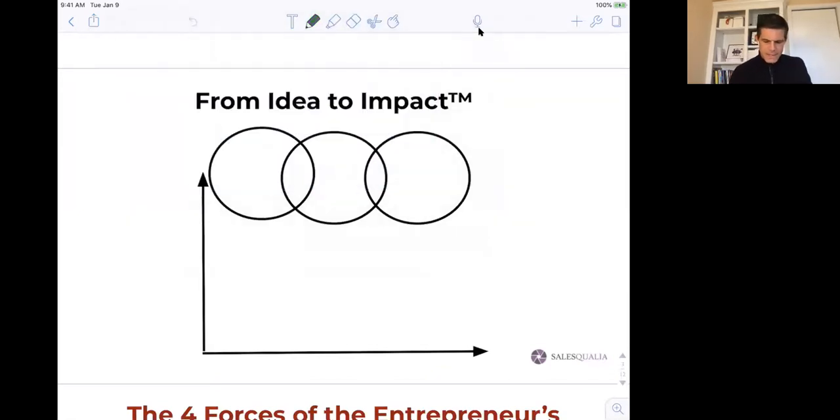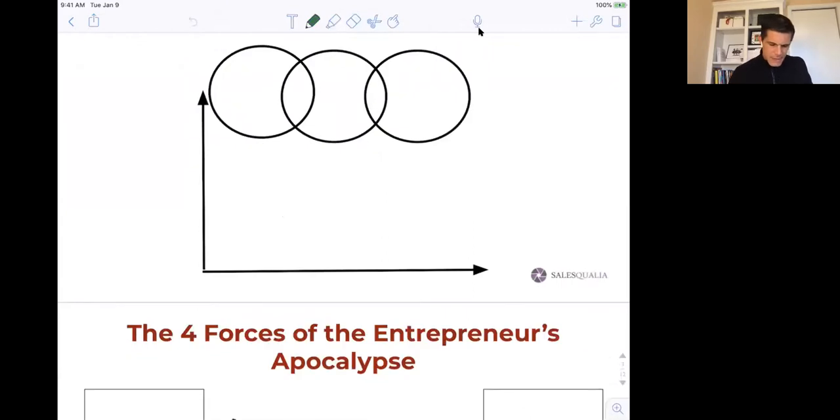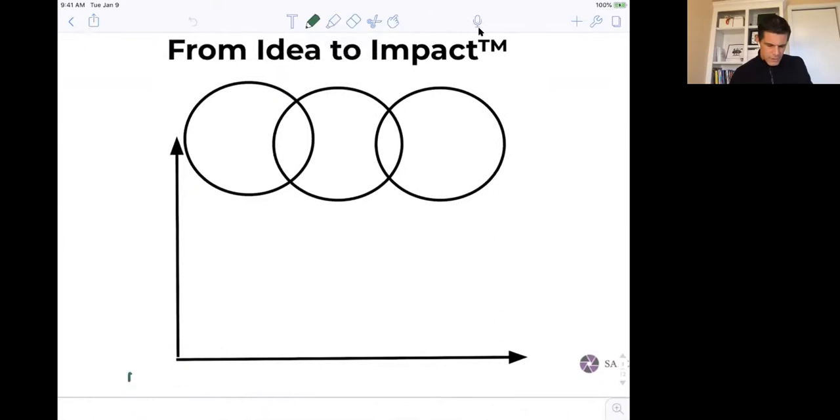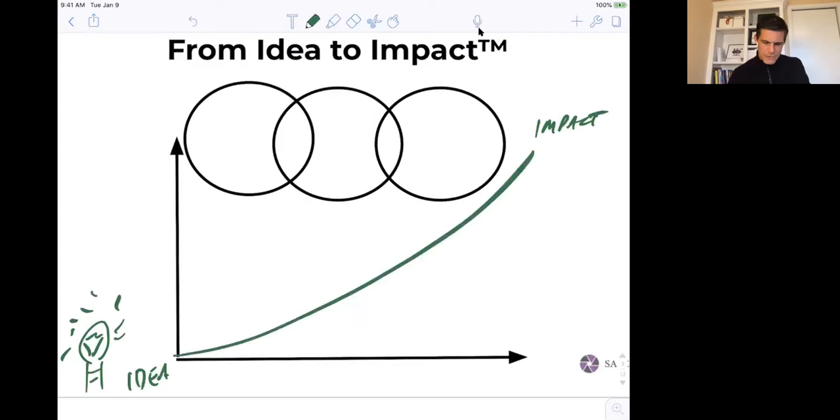So when we think about Idea to Impact, what that means is every single one of you started with an idea. Here's the light bulb. I've got an idea for a company. I've got an idea to solve a problem. And what we're trying to do is get to a place where we can make an impact. That journey usually looks something like this, that start of the J curve that we're all too familiar with.